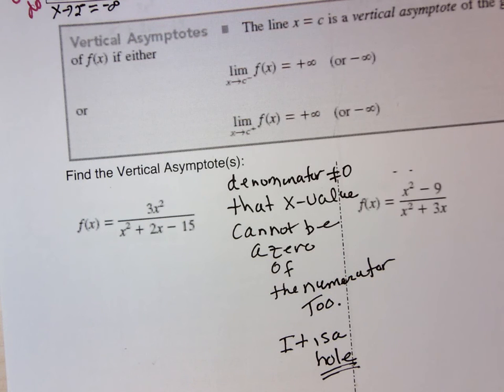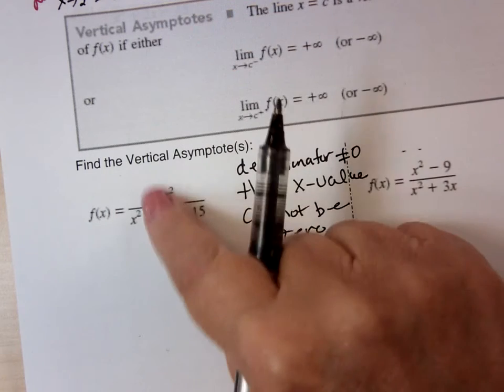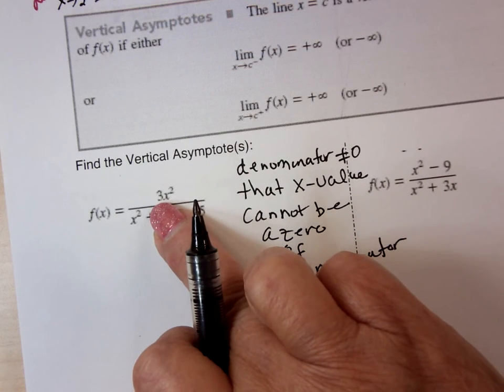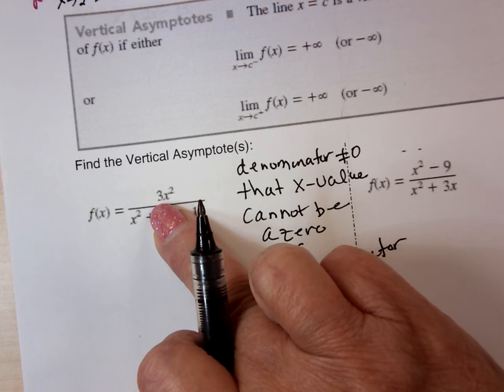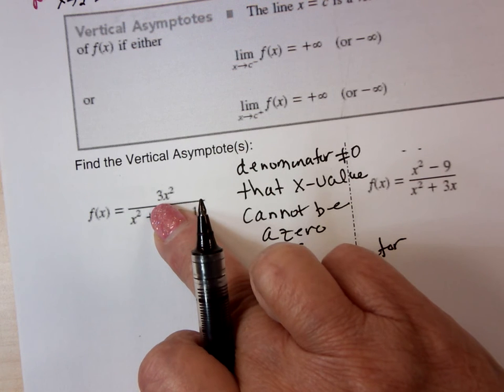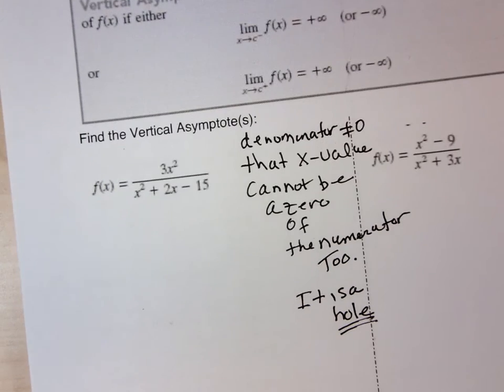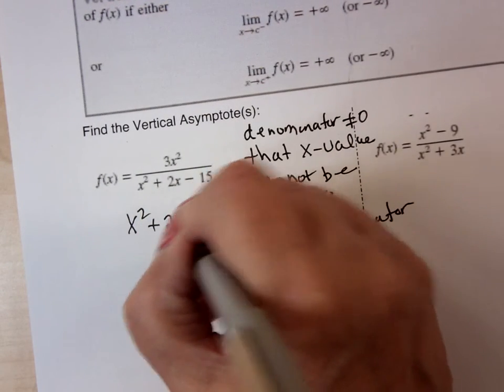And sometimes it's easy to see. So here we go. What is the 0 of the numerator? What makes the numerator 0? 0. So as long as I don't get 0 in a denominator, what I have are vertical asymptotes, right? So as long as it's not 0, I'm fine. So I need to take x squared plus 2x minus 15.